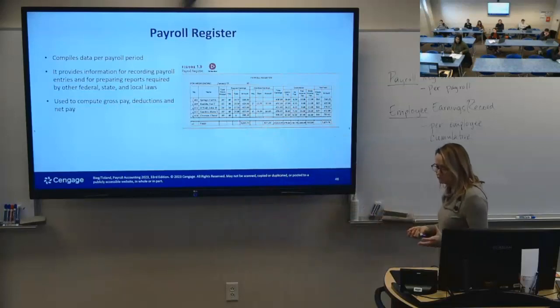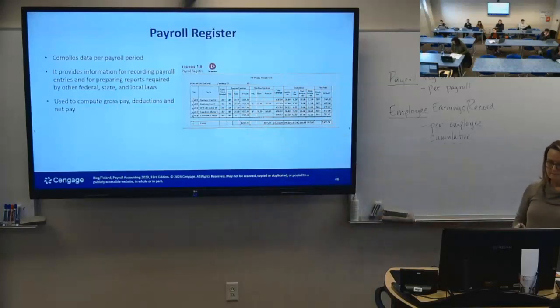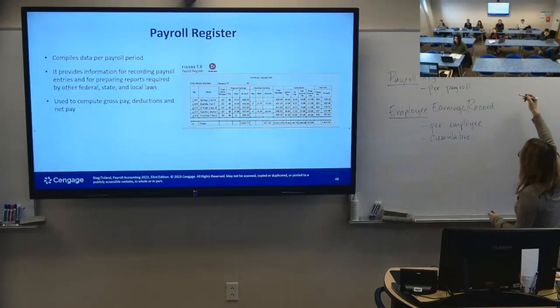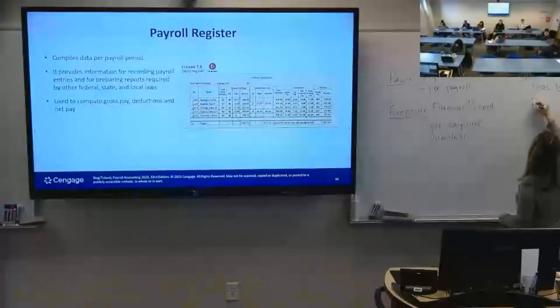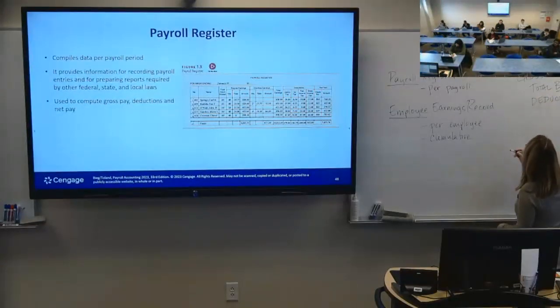Okay, so here we get our total gross payroll. Does everybody know the difference between gross and net? So gross, and we're going to use these terms a lot, gross is the total before deductions. Okay, so remember that, gross salary.